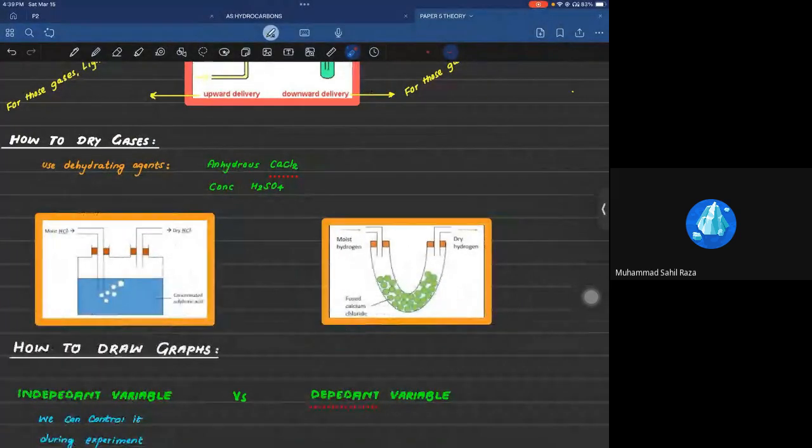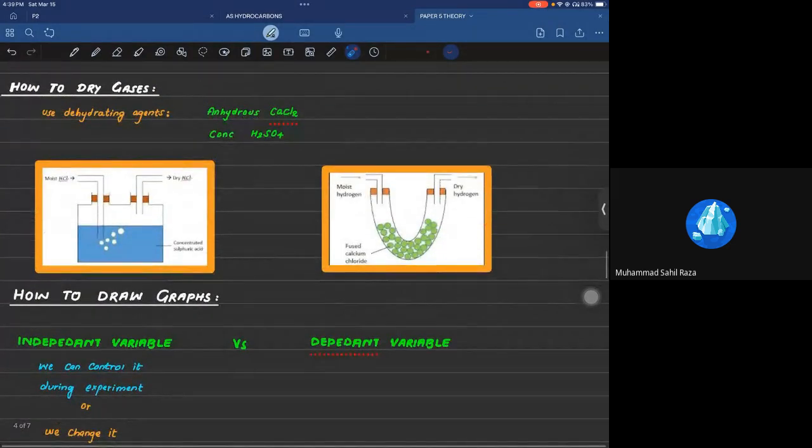Okay. And then this is a very important criterion of Paper 5, that you would be drawing a graph frequently. So the question is, how can we draw the graph? And before drawing the graph, what are the points that we should keep in mind to draw any curve or straight line, in general any graph? Before doing this, we need to know these two variables.